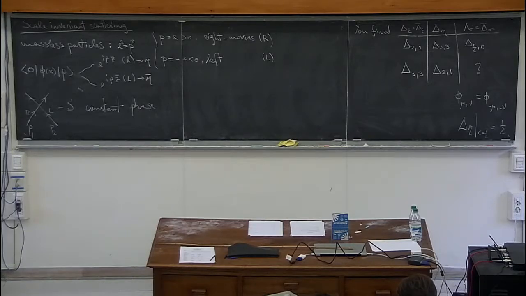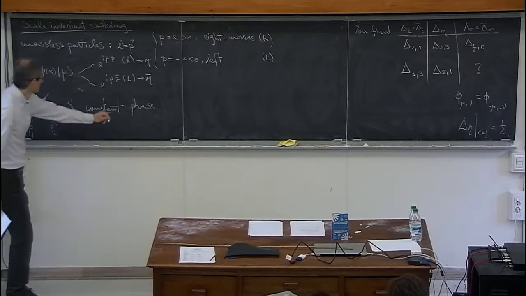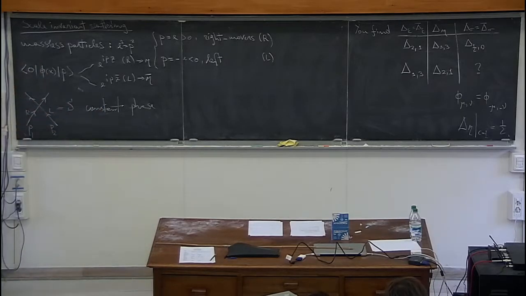So somehow there is a notion here of a statistics for this particle related to the interchange of the position during the scattering process. So this is why this phase incorporates actually this notion of statistics and can be different from 1 depending on the statistics of the particles.